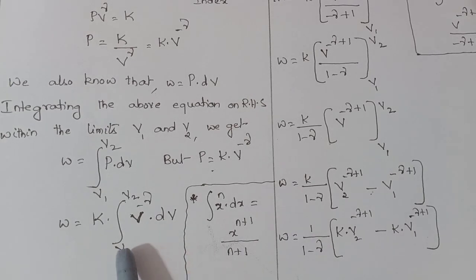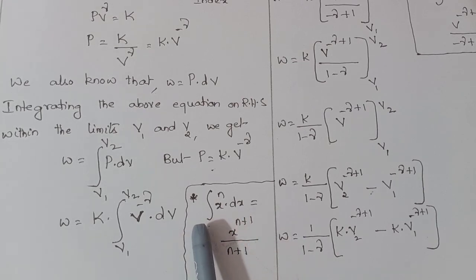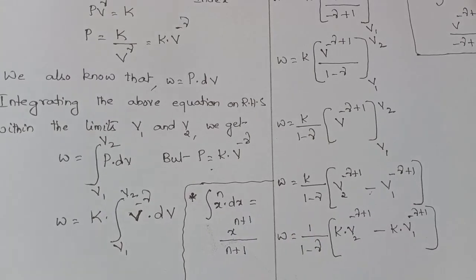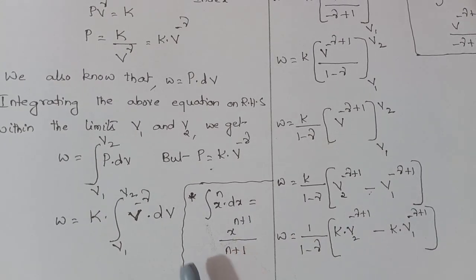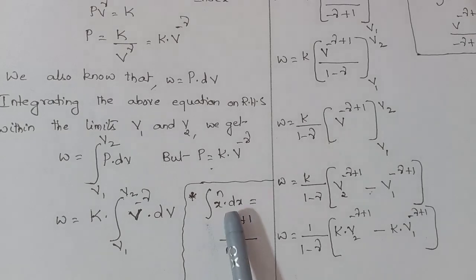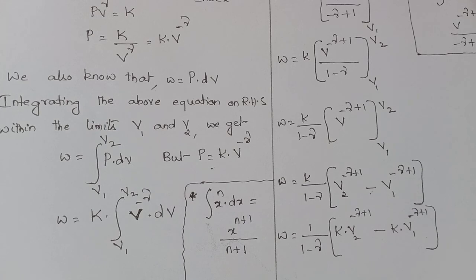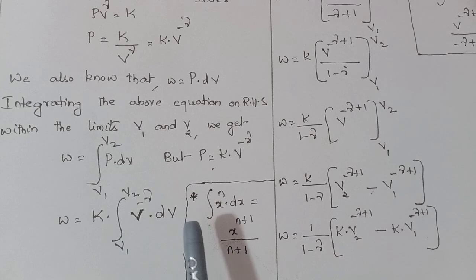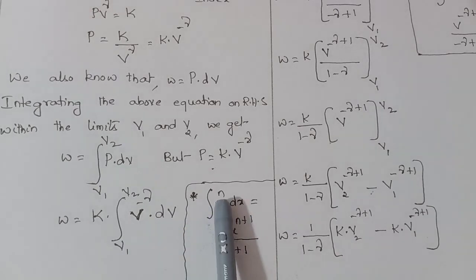Now this integral of V^(minus gamma) dV is in the form of the mathematical expression integral x^n dx, whose solution is x^(n+1) by n+1. Just write in the column: integral x^n dx is equal to x^(n+1) by n+1. In the place of x we have V, in the place of dx we have dV, in the place of n we have minus gamma.